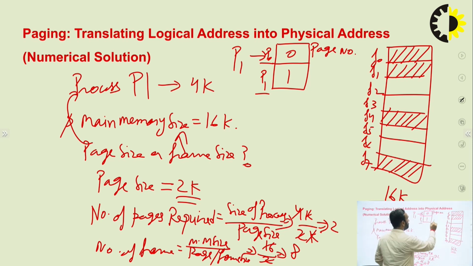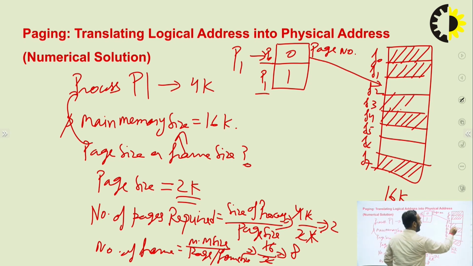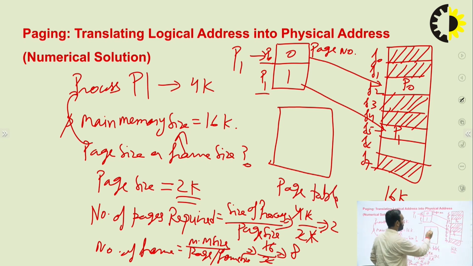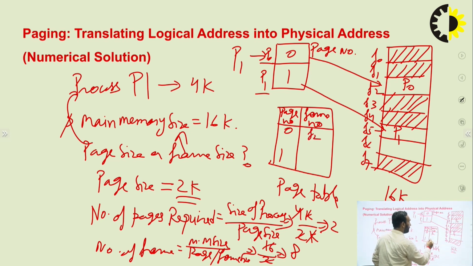So page 0 is placed at frame 2 and page 1 is placed at frame 5. These details are kept in a page table, with page number and frame number. Page numbers 0 and 1 lie in main memory at F2 and F5.